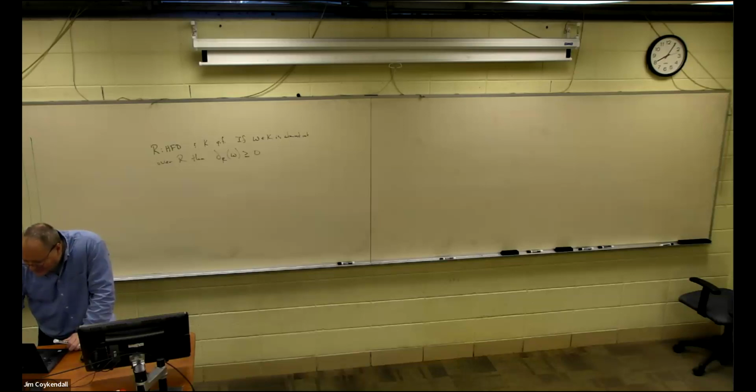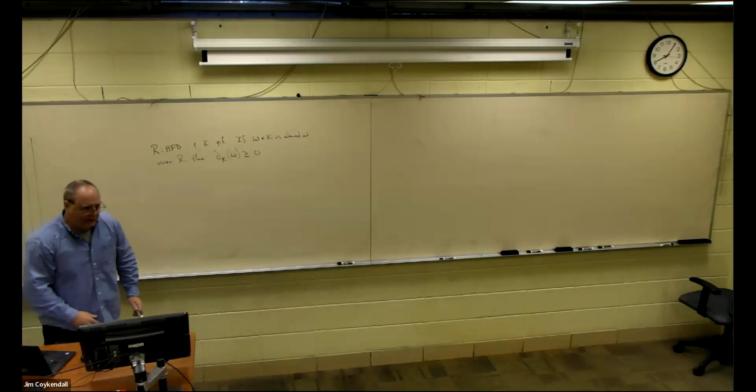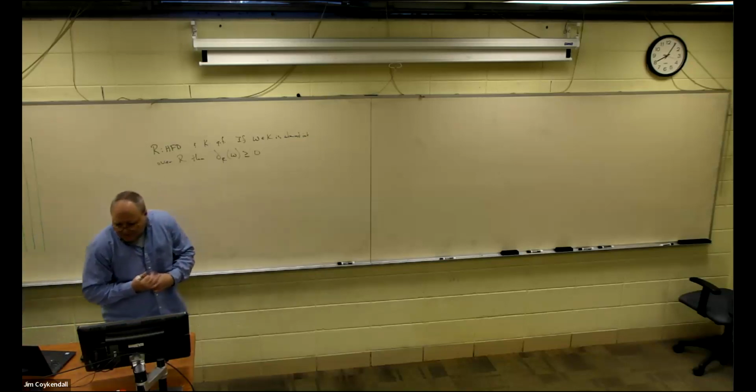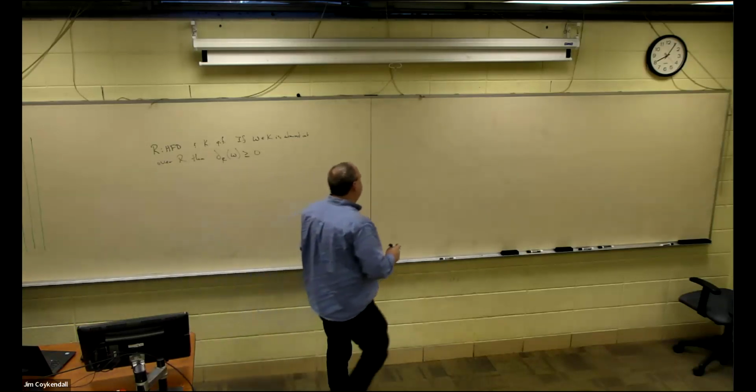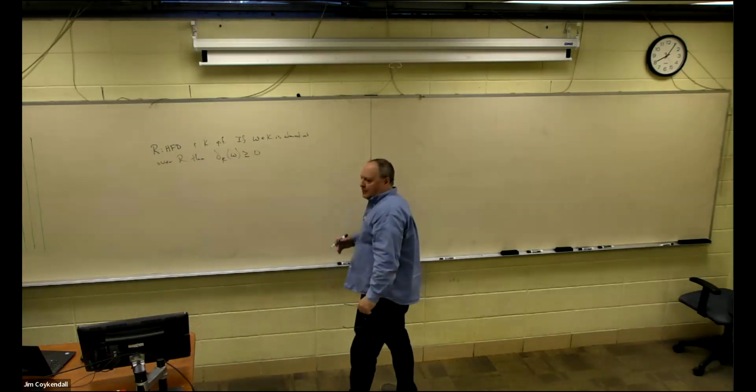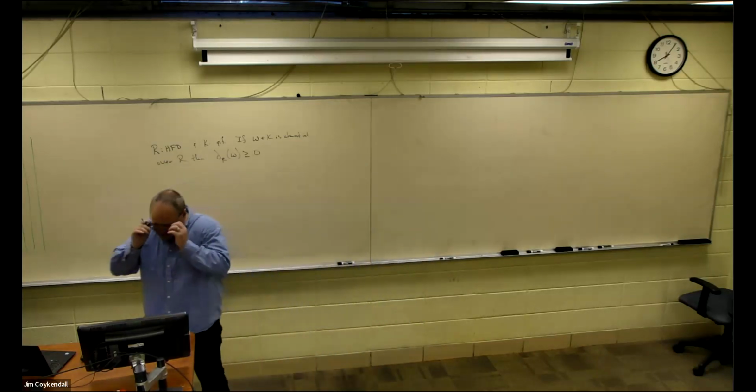Okay, so what I want to do now is talk about some more results about the boundary, give you some positive things, and then we're going to talk about HFDs. So let me point out a big picture thing here.